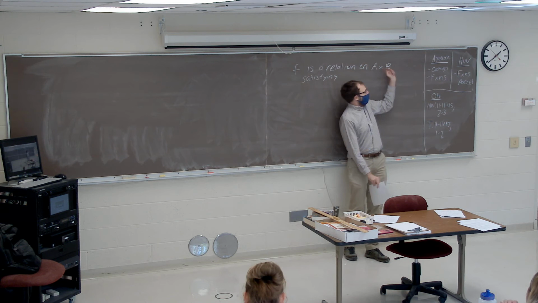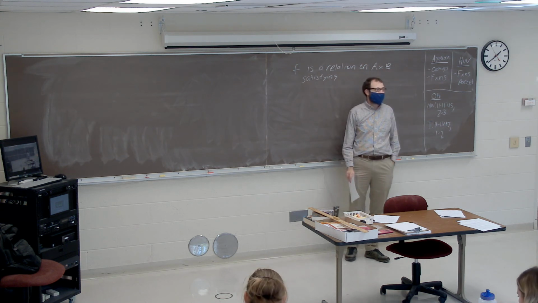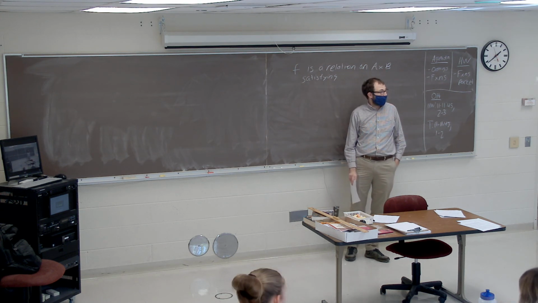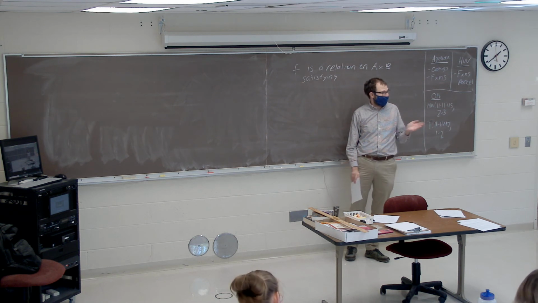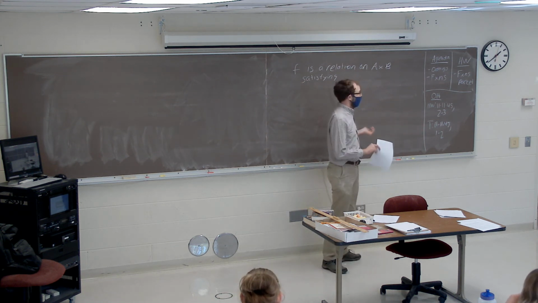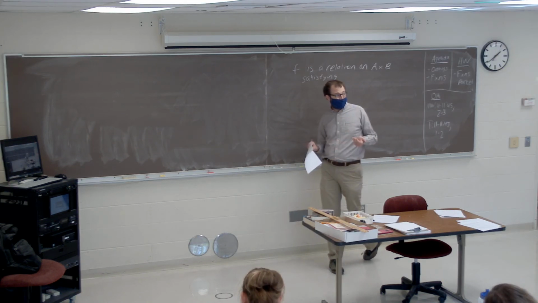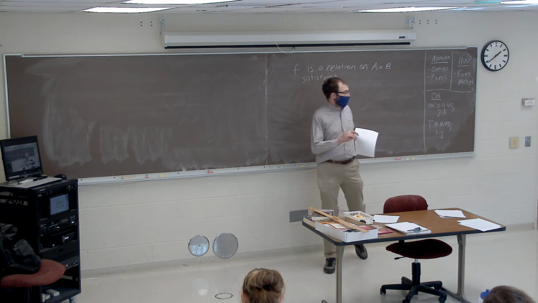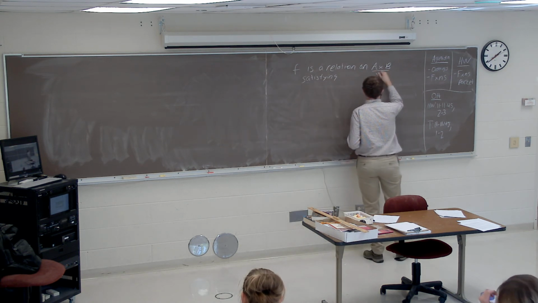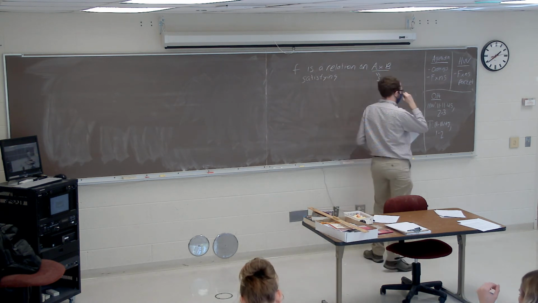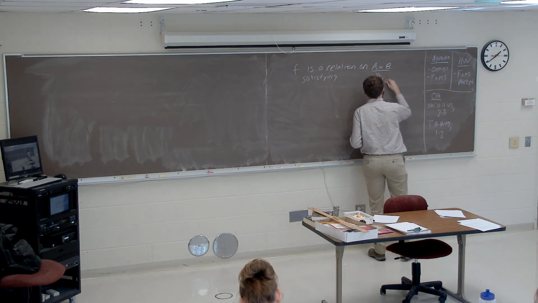What do elements in this set look like? Ordered pairs, where the first coordinate comes from A and the second coordinate from B. Yeah, exactly. So we can think about this as being a collection of ordered pairs.